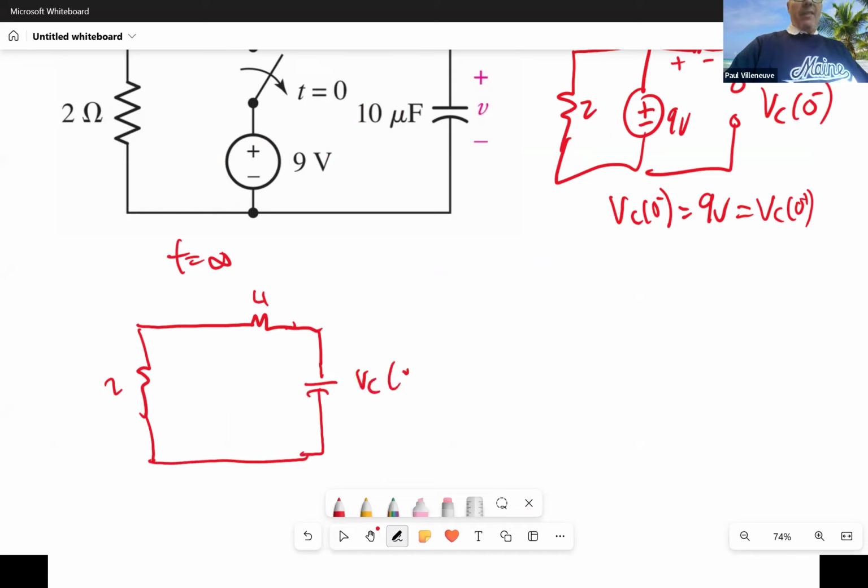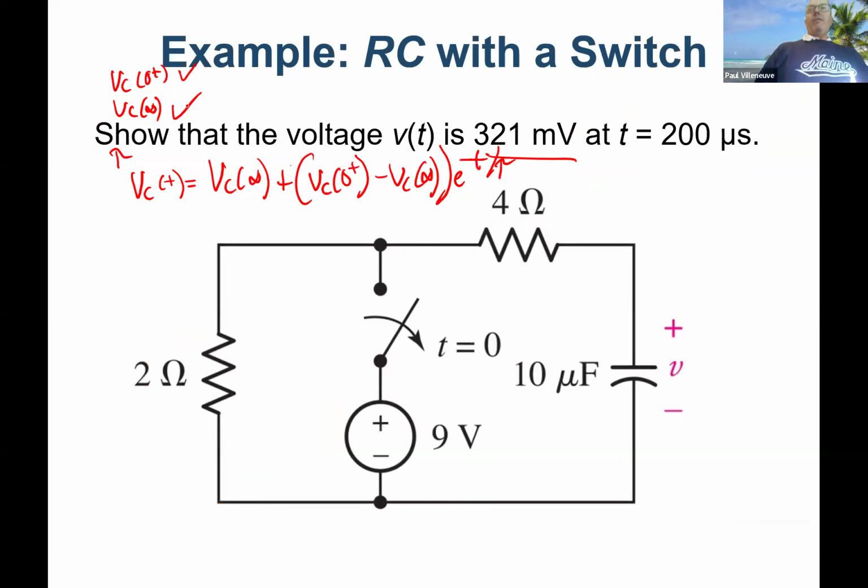What happens to VC after a very long period of time? Yeah, it's fully discharged, isn't it? There's no energy source in there, but I have a way of discharging the capacitor through that 2 ohm and 4 ohm resistors. So it's going to, in fact, be 0. So I've got VC of infinity.